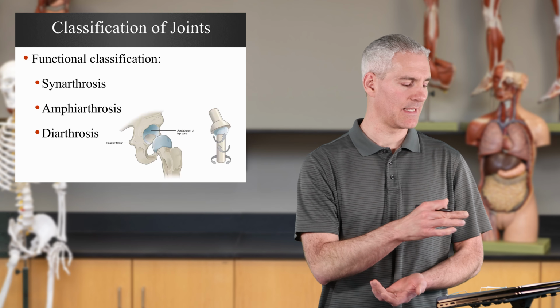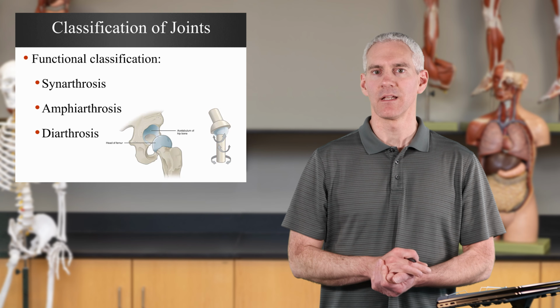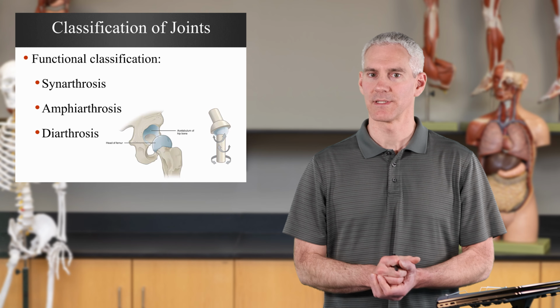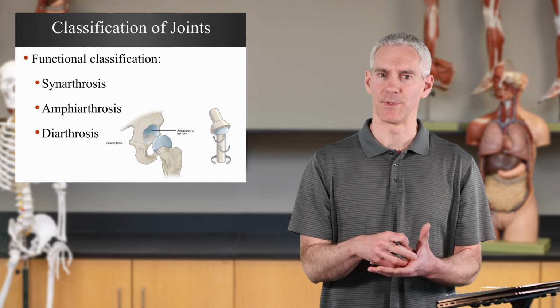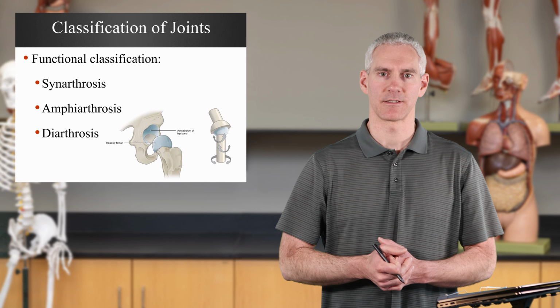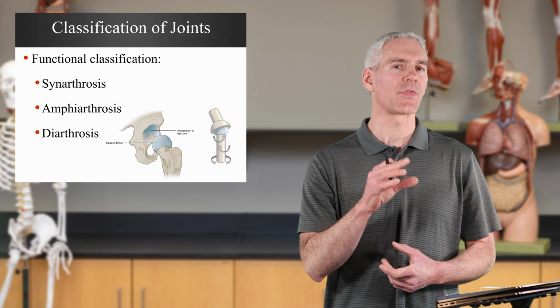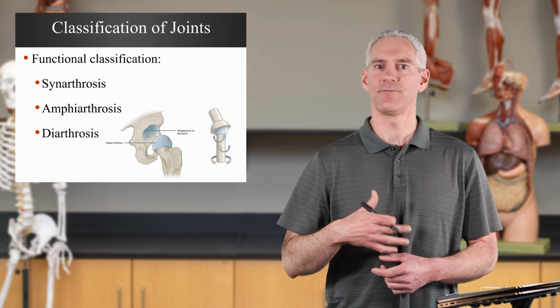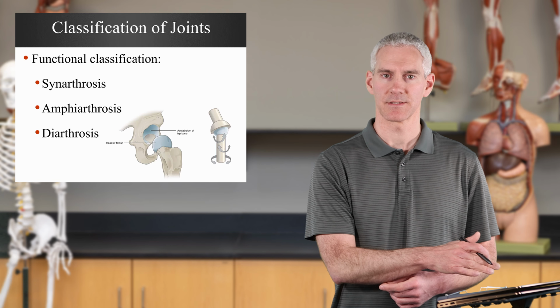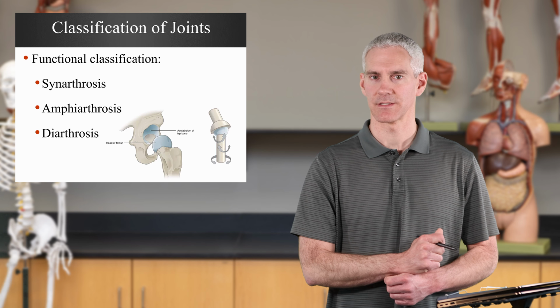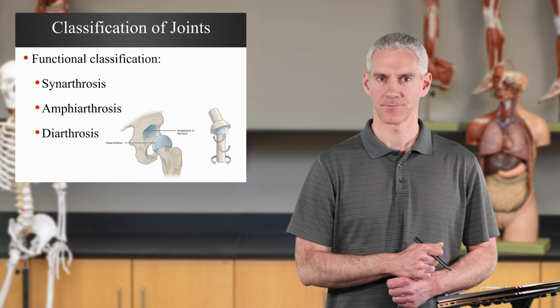And the last one is diarthrosis. Diarthrosis or diarthrotic movement, that's what we think of with the shoulder, the elbow, the full movement, a lot of range to the actual mobility. So 3 different types of functional classifications, looking at synarthrosis to amphiarthrosis to diarthrosis.